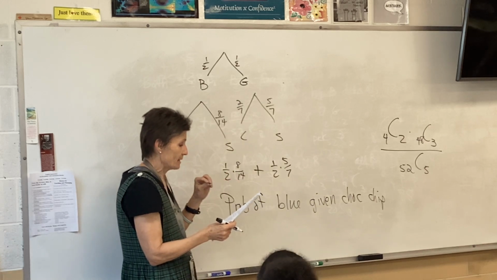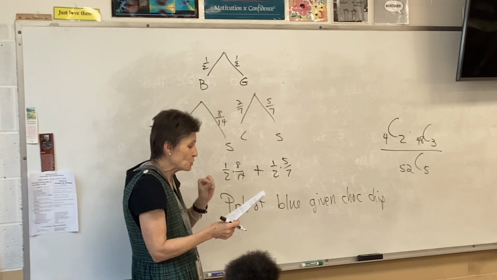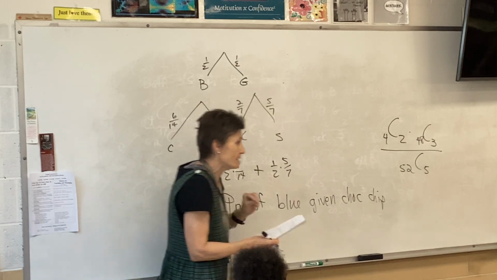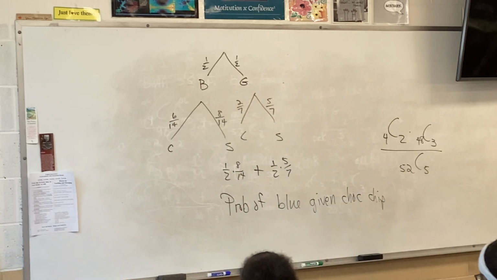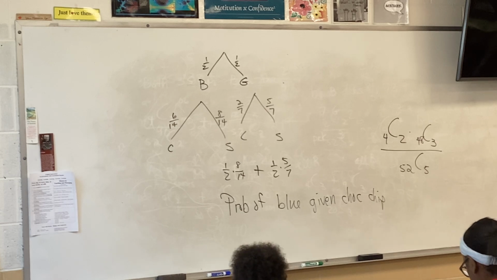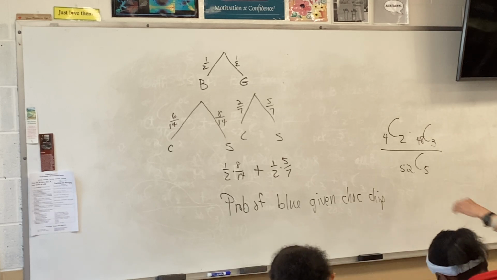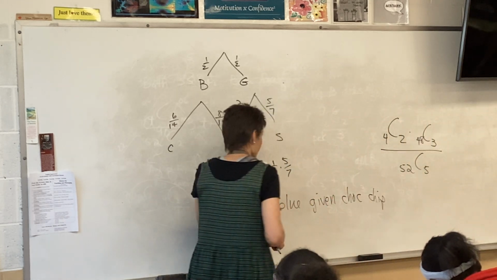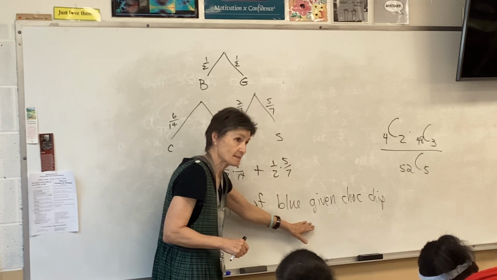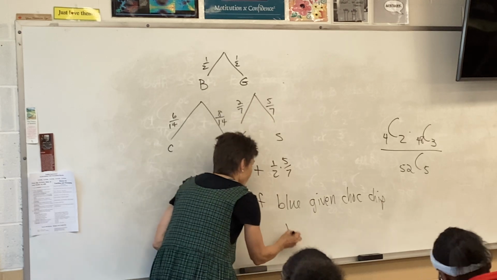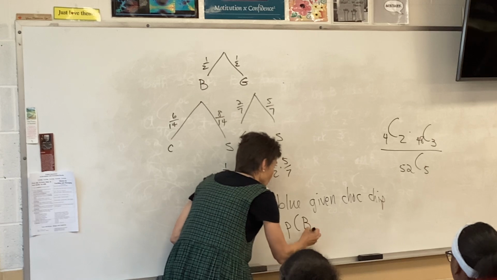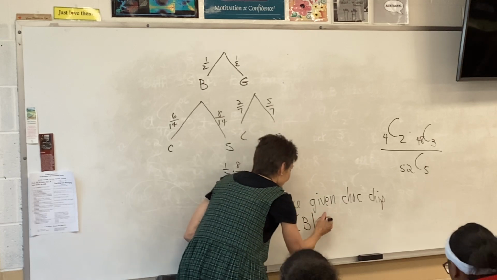I walk out in the hallway with my chocolate chip cookie. What's the probability that I got it out of the blue jar? Well, there's a formula for this. It looks like the probability of blue given chocolate chip.